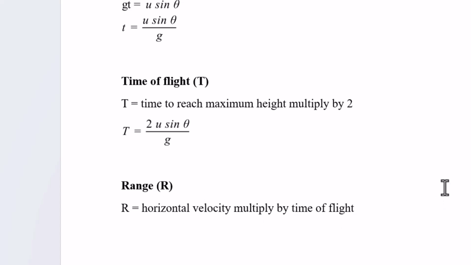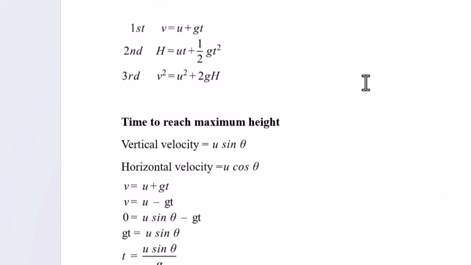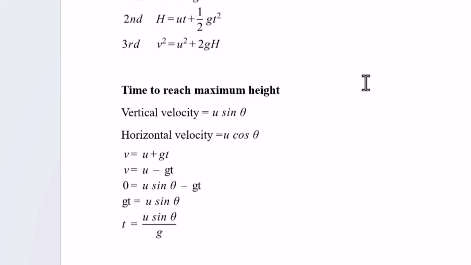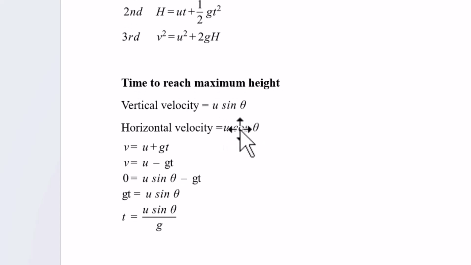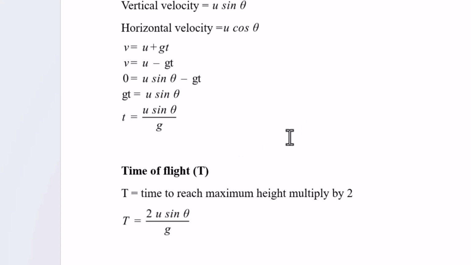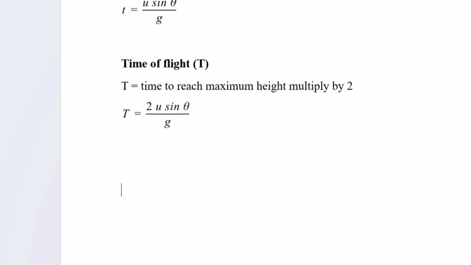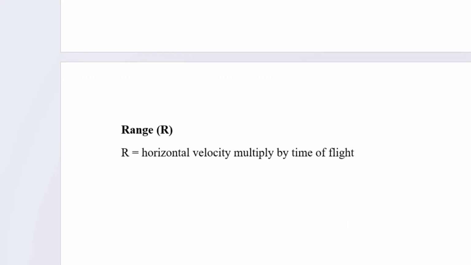So if you scroll up now, you can see this horizontal velocity, u cos theta, multiplied by the time of flight you just derived. So that will give us what? Let me go to a new page in MS Word. Let me type it in the FX equation.